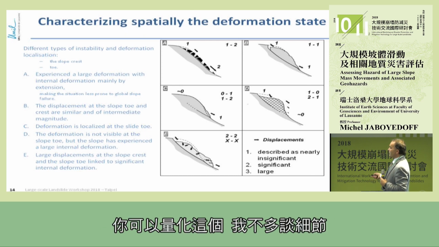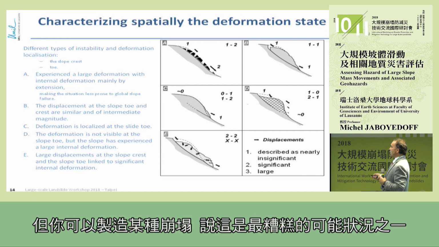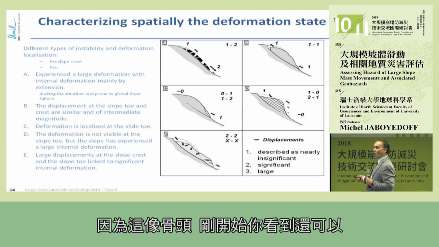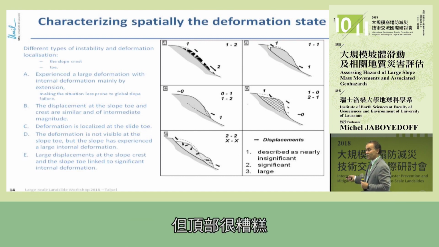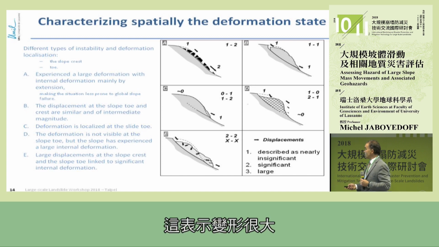I will not go into detail, but you can classify some types of landslide and say that this is one of the worst case scenarios, because this is like a bomb. You just start and you think it's okay, but it's very bad at the top. This means that there is a lot of deformation.